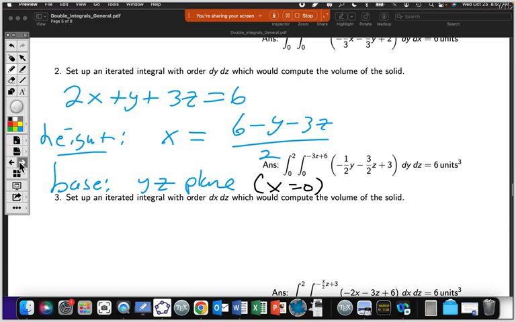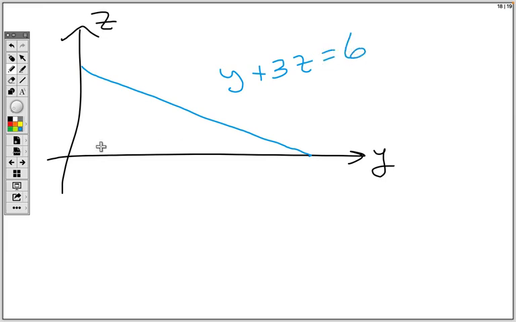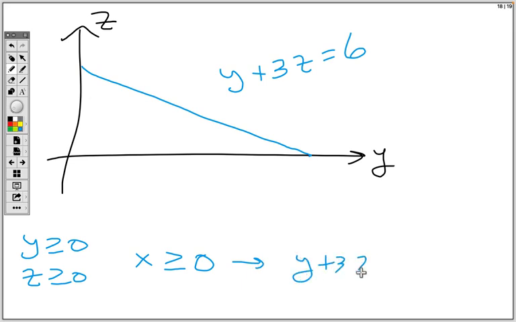Y plus 3z is 6. Y would have to be bigger than or equal to 0. Z is bigger than or equal to 0. X would be bigger than or equal to 0, which would mean y plus 3z is less than or equal to 6. You would get the same kind of setup we had before.